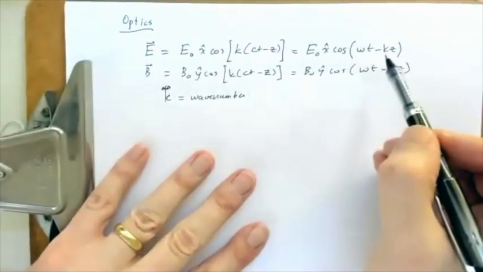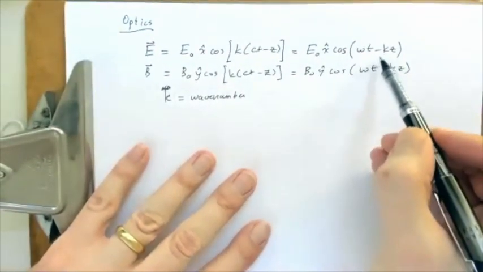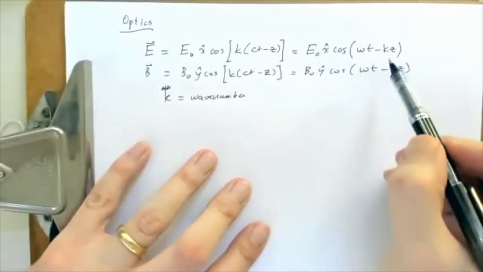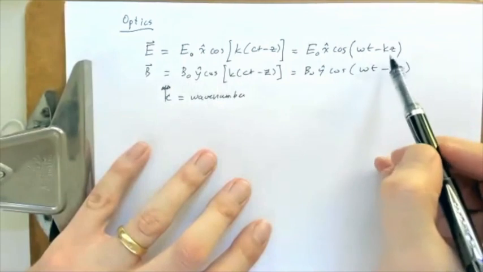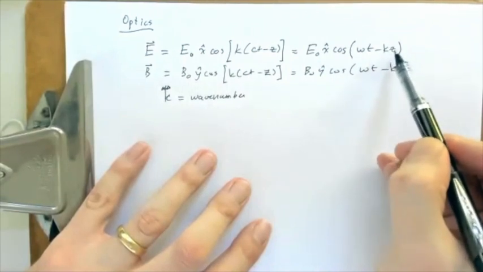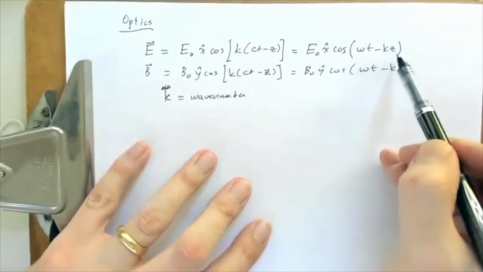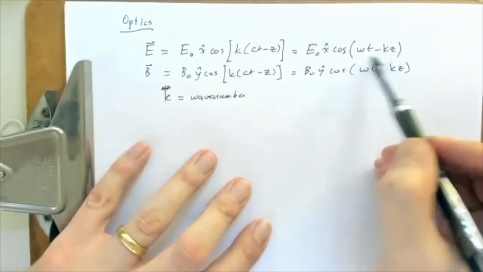But let's look at exactly what k is doing here. When we were analyzing these waves, we said that we're tracking the way that the wave moves by studying the z dependence. When we changed the sign, so instead of minus kz to plus kz, it went in the other direction.